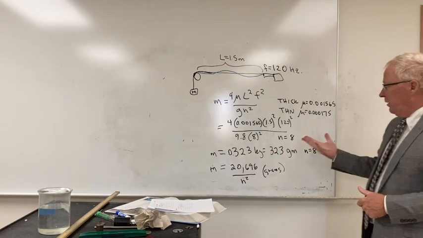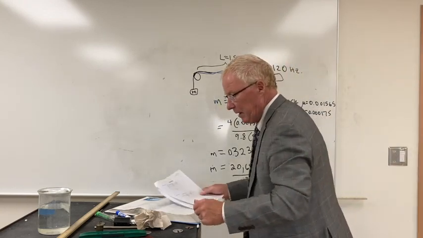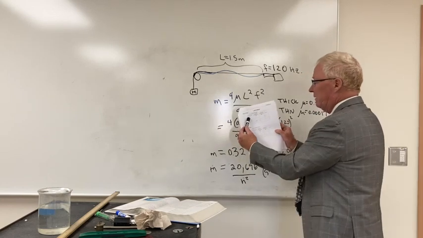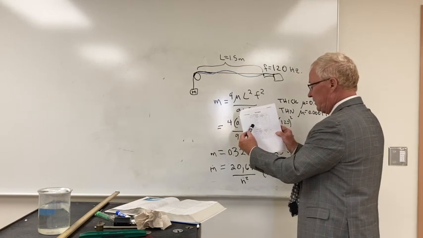All right, now you can calculate for each one, because for the lab we're actually going to be doing it for n equals 9, 8, 7, 6, 5.